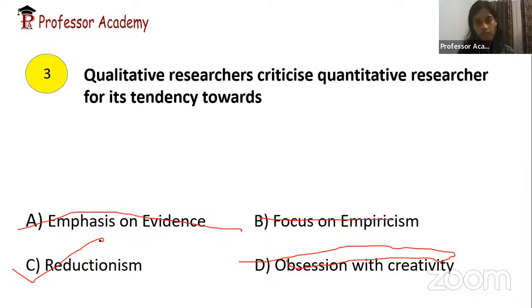So there come assumptions, and some elimination of important variables. That is why qualitative researchers criticize quantitative researchers, because qualitative researchers deal with natural or actual settings. So they are against the reductionism feature of quantitative researchers. Moving on to question number 4.